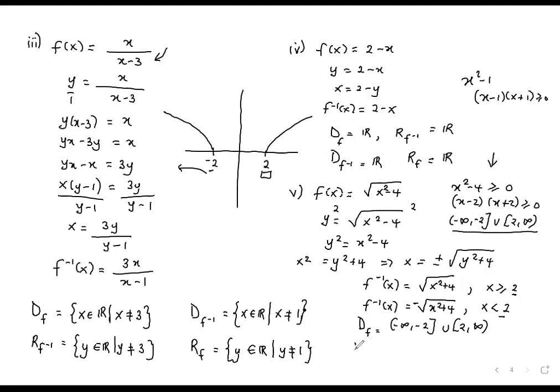So this means that the range of the inverse has also been found, negative infinity to negative 2, union 2 to positive infinity. That's the range of the inverse.